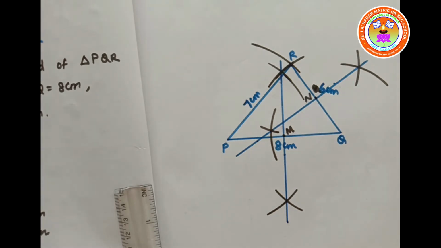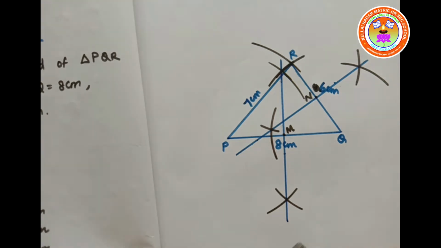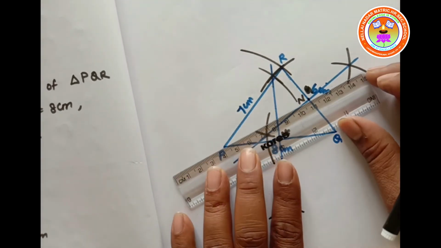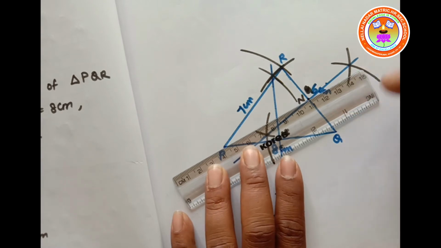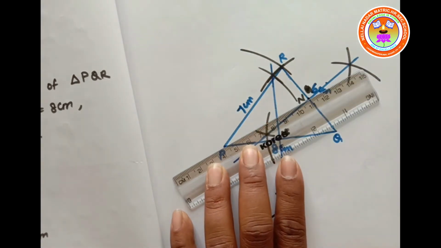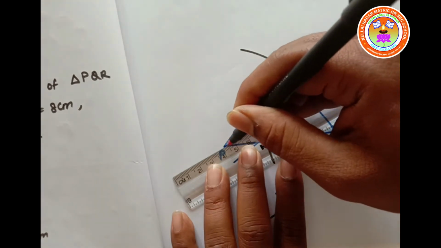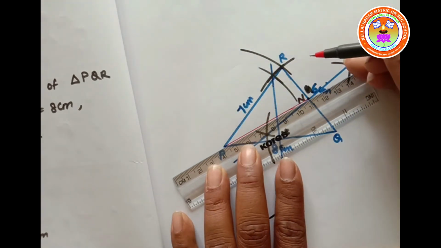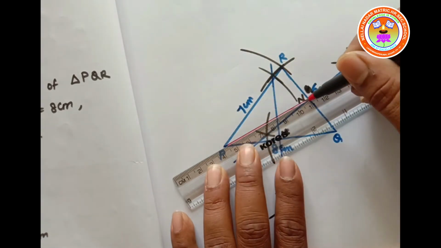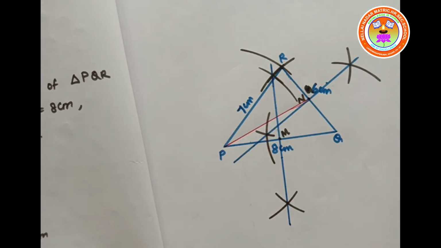Now you are going to draw the median PN. See, children, from P to N. With the help of a scale, draw a line. It's clear, children.